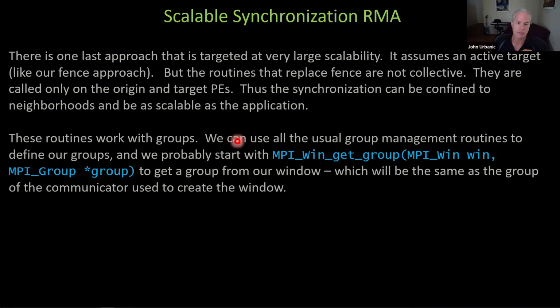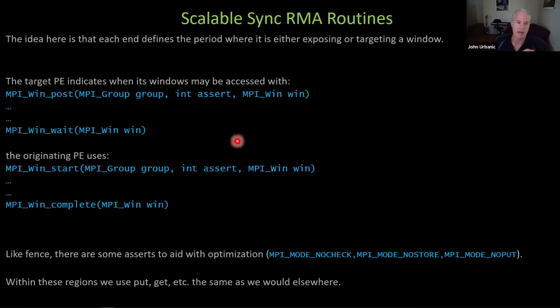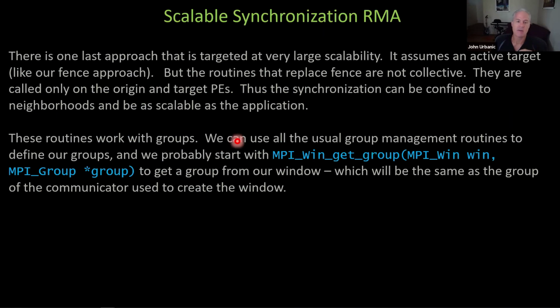And so we can have routines that only target our neighbors. In other words, if we have 1 million PEs, because we're in the age now of exascale, right? Very, very large machines. You've got 1 million PEs. And if 1 million PEs want to do these kinds of remote accesses with their neighbors and target their neighbors, what you don't want is them having to be on the same page as to what windows are open with each other.